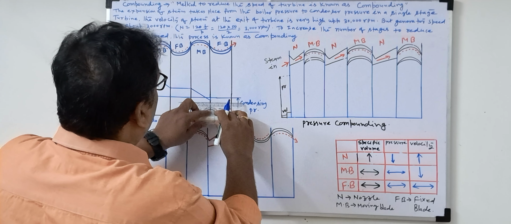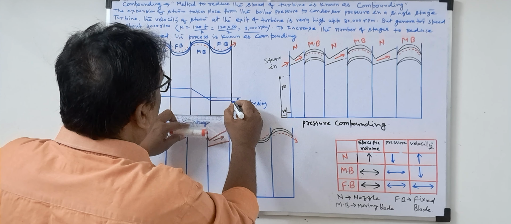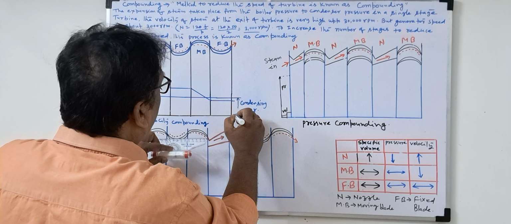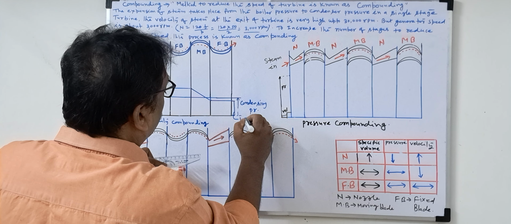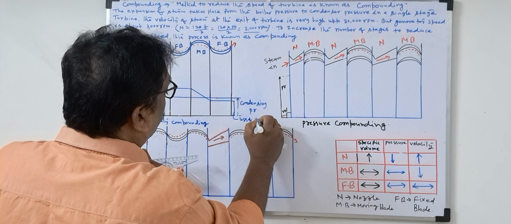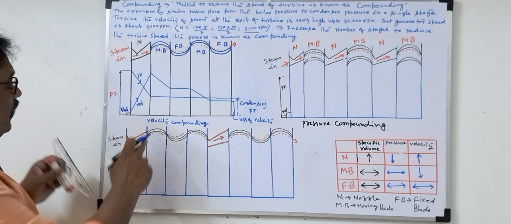Again in the fixed blade the velocity remains the same. So now you see the loss of velocity.